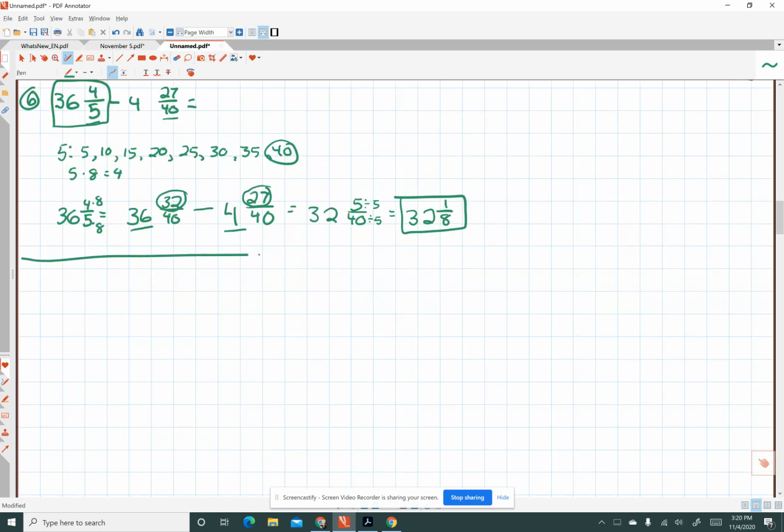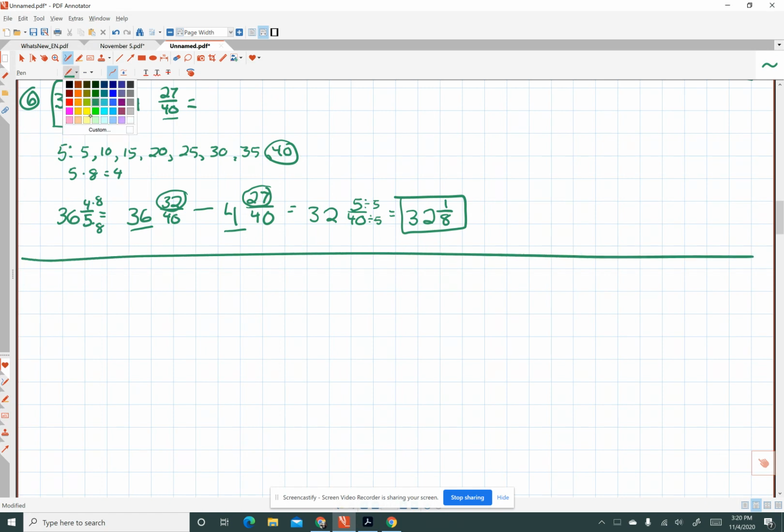Number 7 says, 32 and 1/8 minus 2 and 1/4. So we have eighths and fourths. An eighth is a multiple of 4. So this is fine. That's our new denominator.